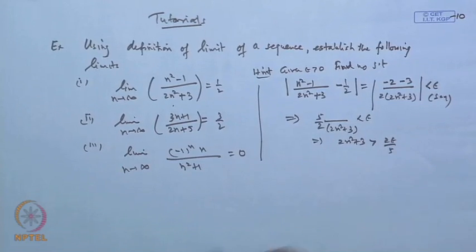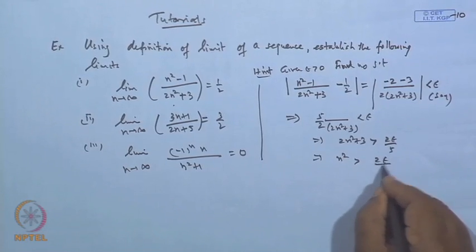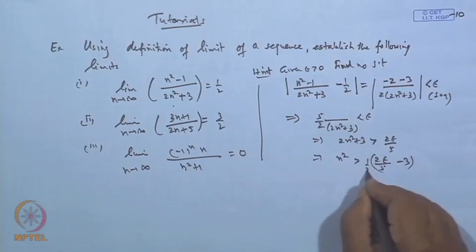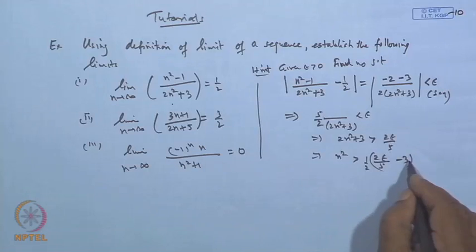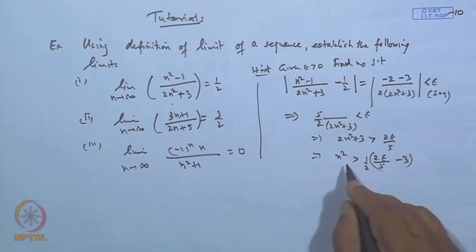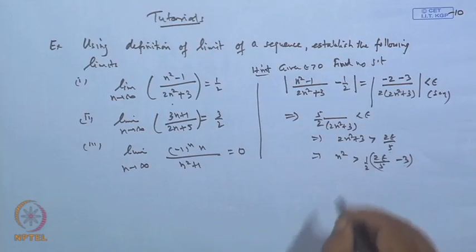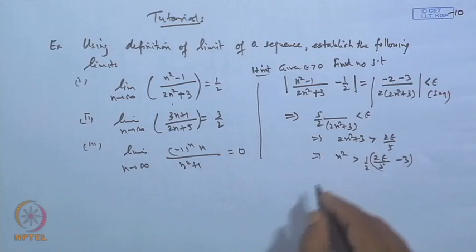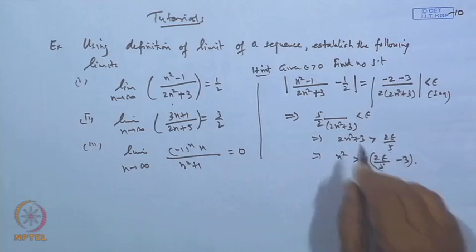So, n square is greater than 2 epsilon over 5 minus 3, divided by 2. Take the positive value of this. So, n must be greater than the square root of this part. If we take n square to be this number, we get the result.